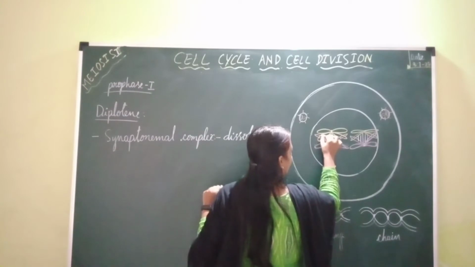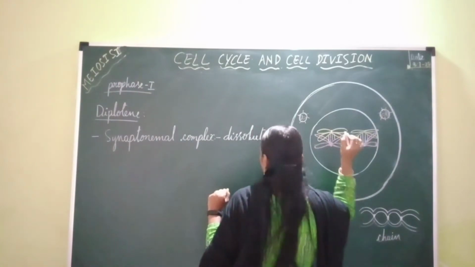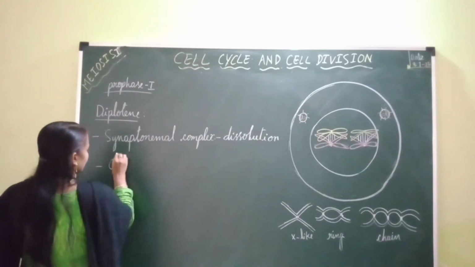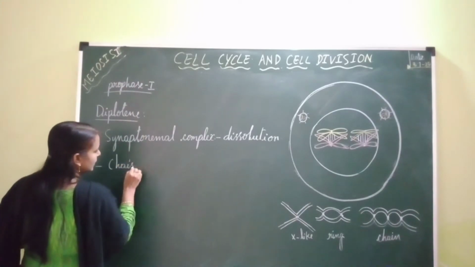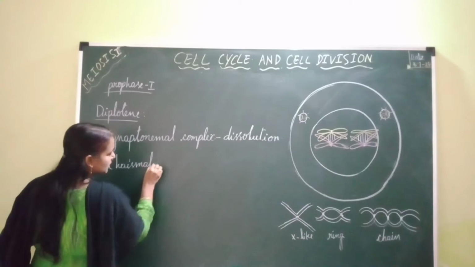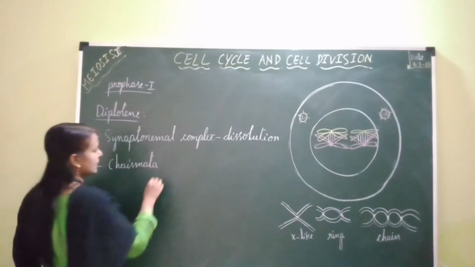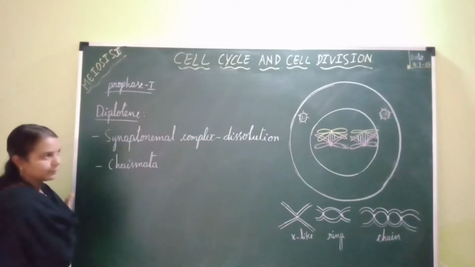So the point where these homologous pair of chromosomes remain attached are called chiasmata. So the points where these homologous pairs of chromosomes remain attached after dissolution of synaptonemal complex are called chiasmata.